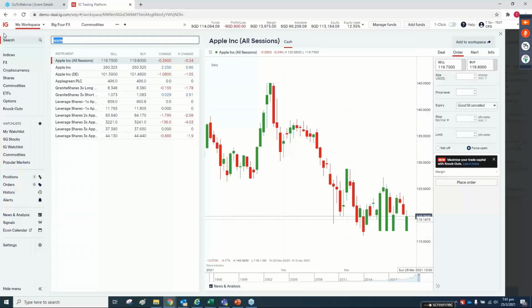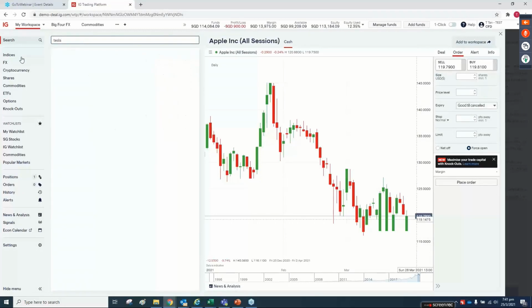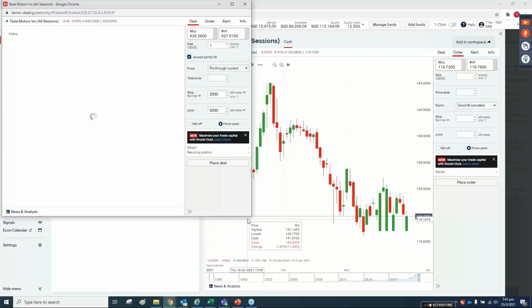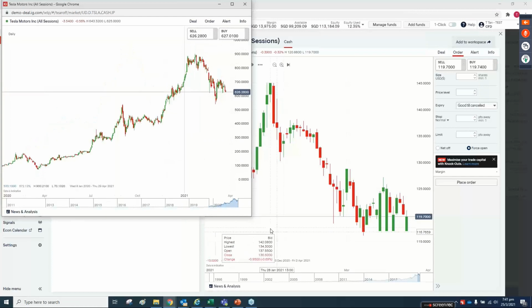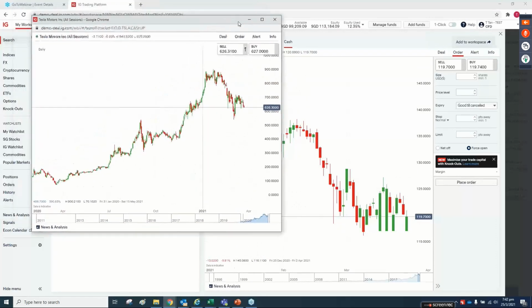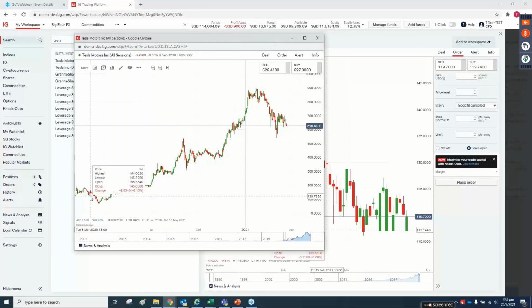Okay, Tesla. Now let's get to something that's very, very interesting. Tesla came off a huge amount. Even after it came off to such a big extent, if you look at it from March last year, it was about $70 to $80.